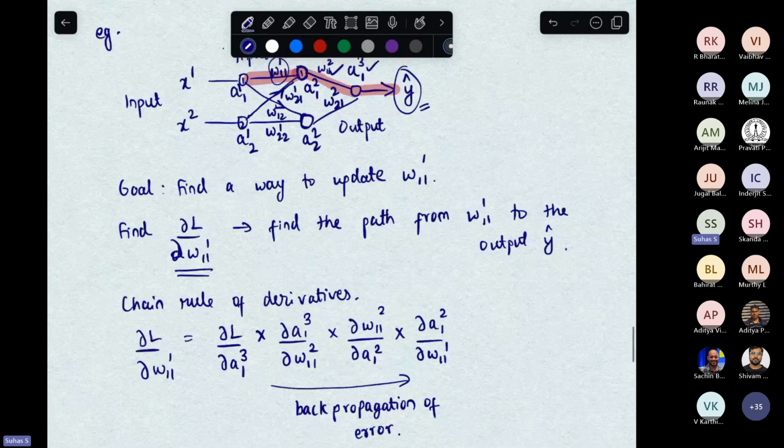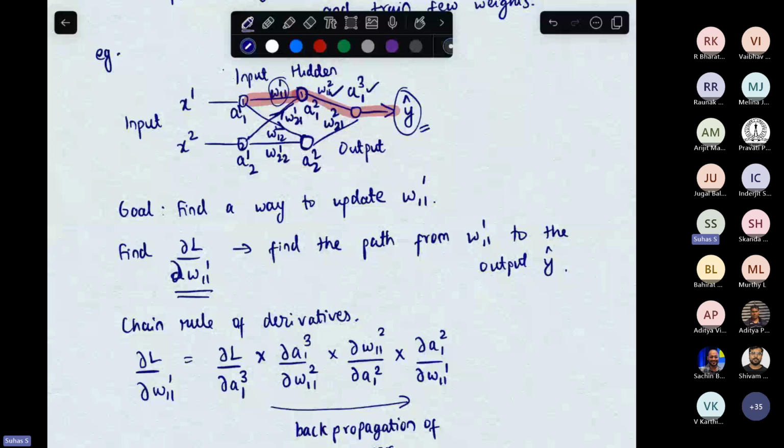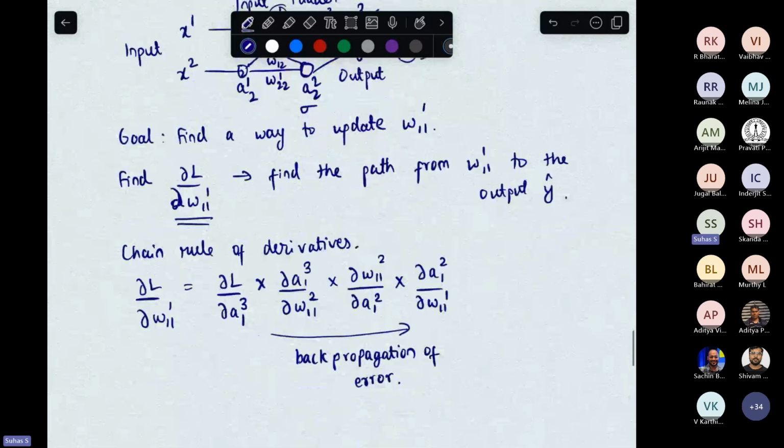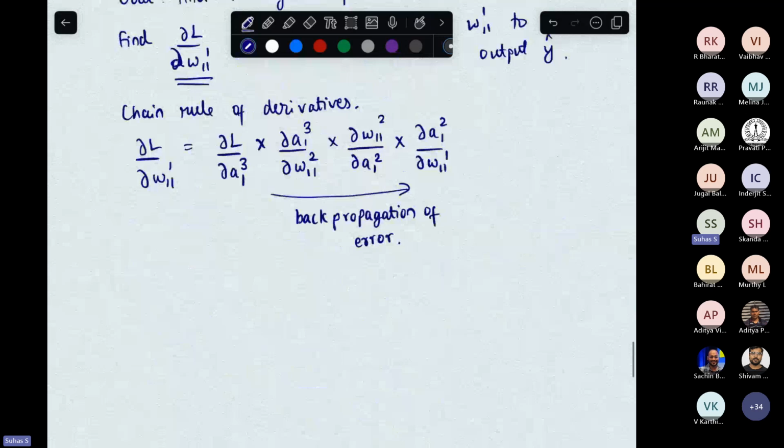Now, let's just give some example activations. For example, let this be a sigmoid. Let this also be a sigmoid, and let's check what these derivatives are.